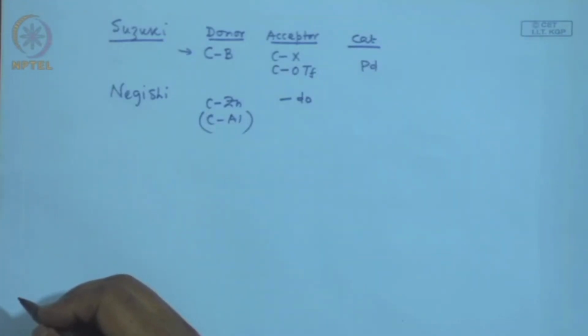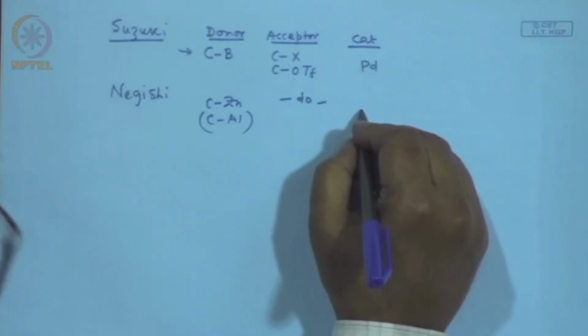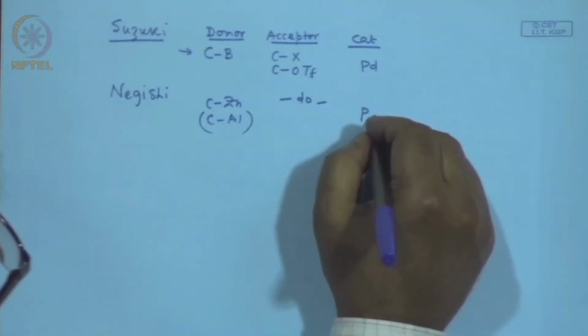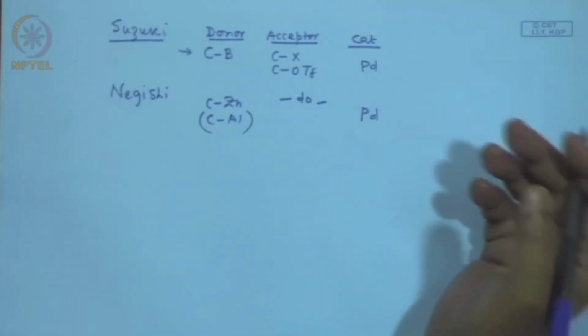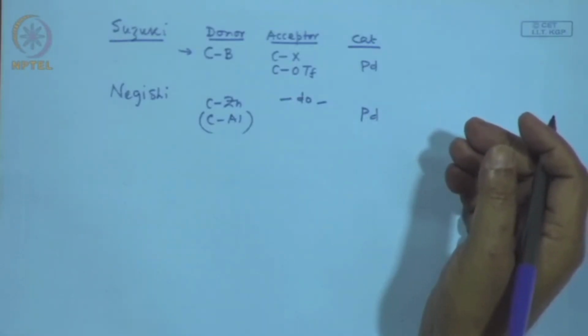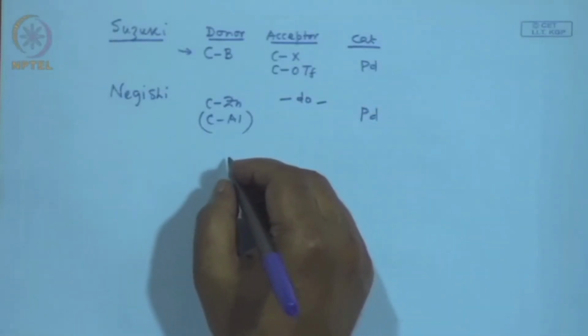In fact, in older industry some of the reactions were carried out with aluminum. Then palladium. Then if someone says okay nickel, well then I have to say well might be, but most commonly it is palladium. When I say palladium, I mean palladium 0 and many more catalysts.